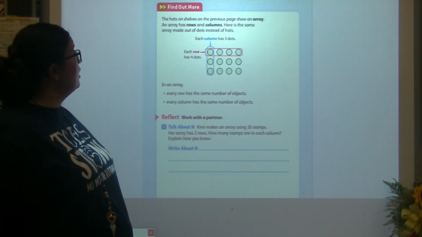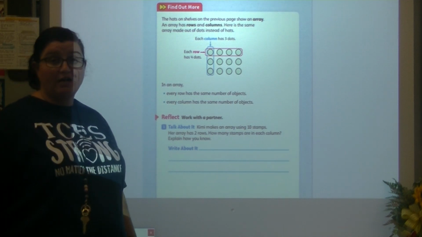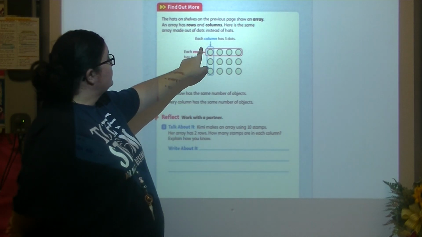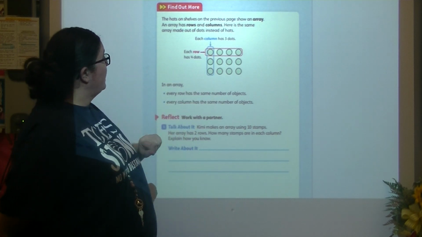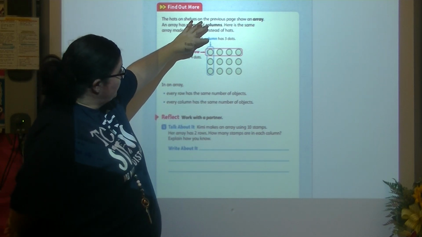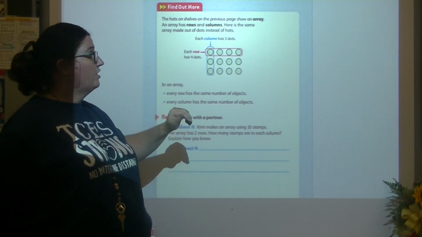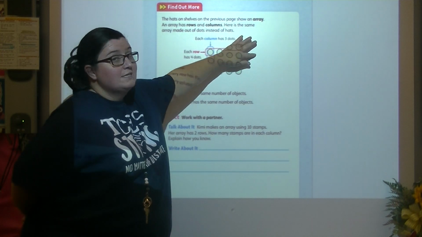Here's the same array made out of dots instead of hats. All right, each column has 3 dots, so a column goes down, and each row has 4 dots. Your rows go sideways.